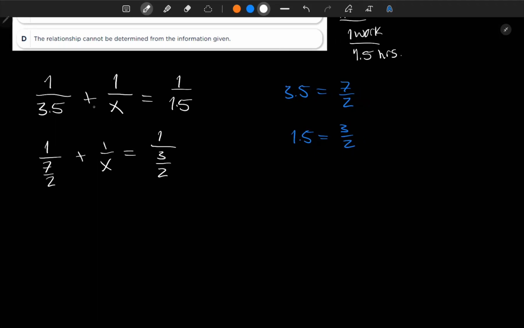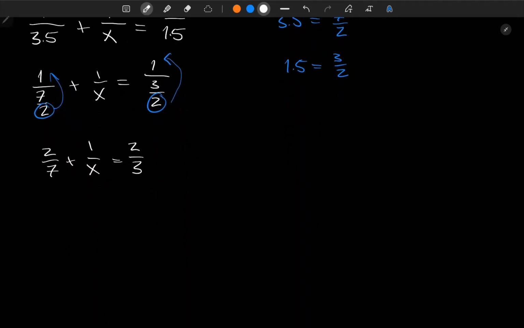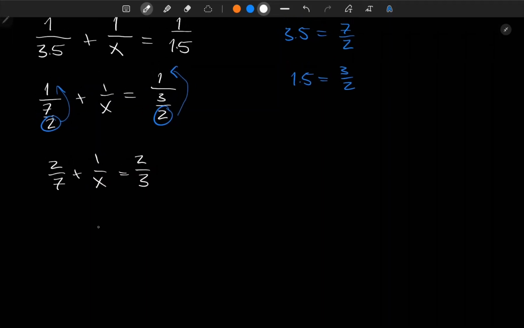Simplifying this, we know that this 2 and this 2 can be brought to the numerator, making this equal to 2 over 7 plus 1 over x is equal to 2 over 3. Then we subtract 2 over 7 from either side, so we get that 1 over x is equal to 2 over 3 minus 2 over 7.